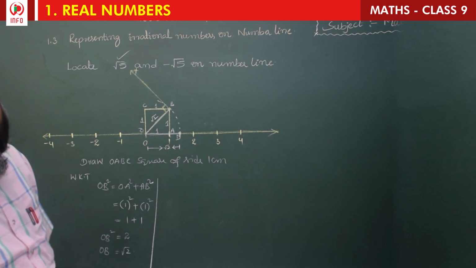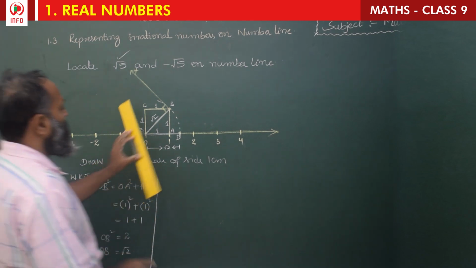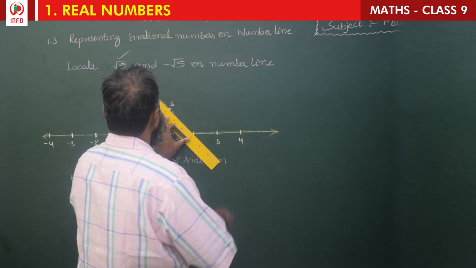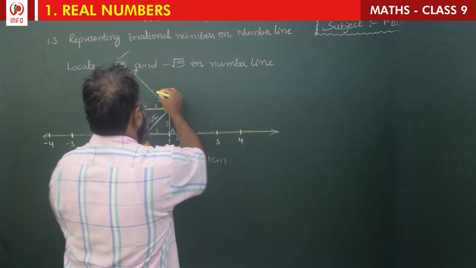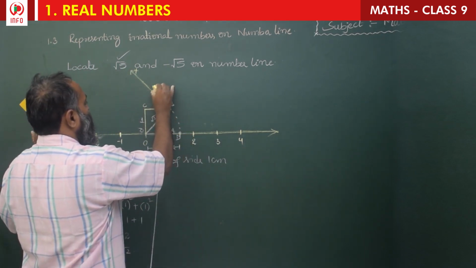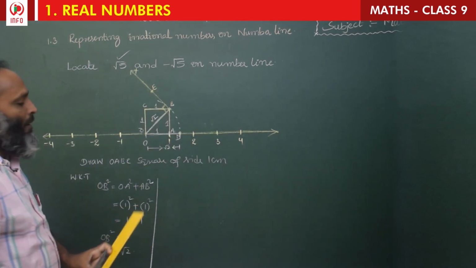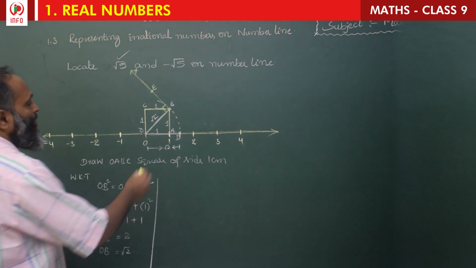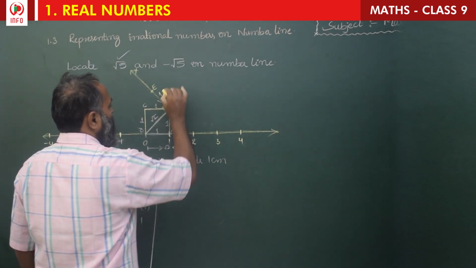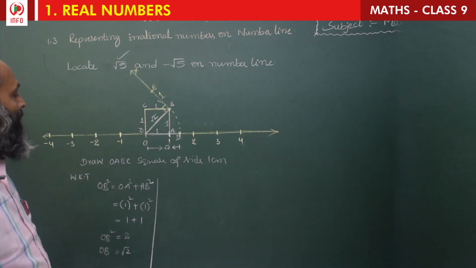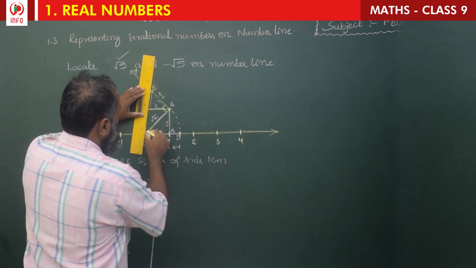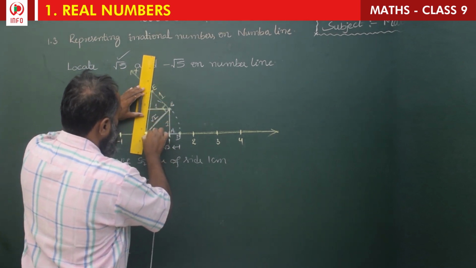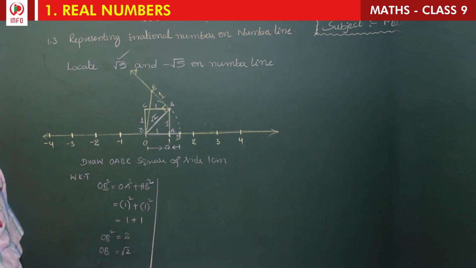After that, with B as a center, take 1 centimeter and mark a point E on BX which is 1 unit from B. So B to E is 1 unit, that is 1 centimeter. Now join OE, O to E.